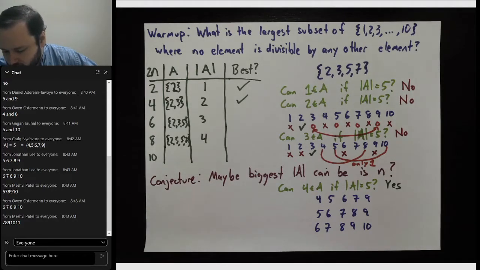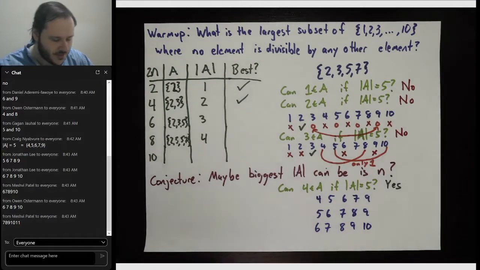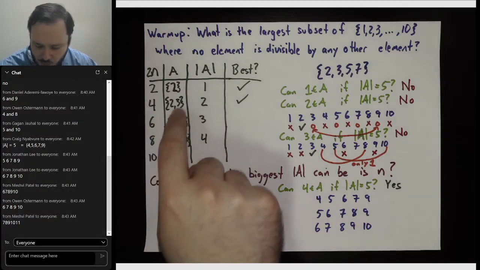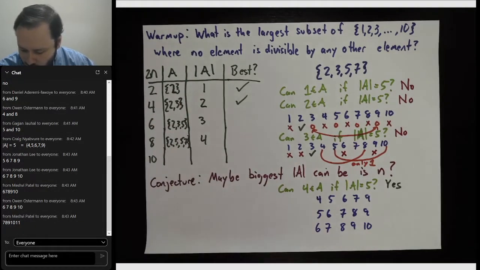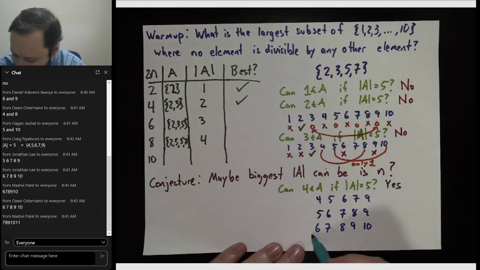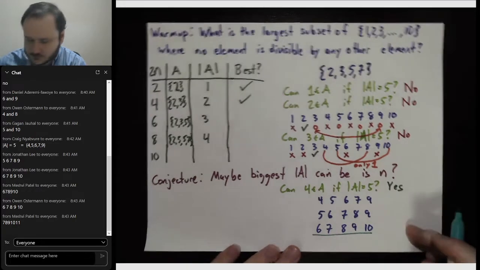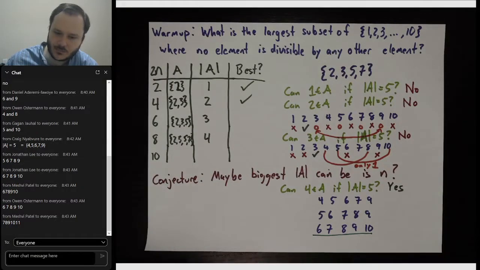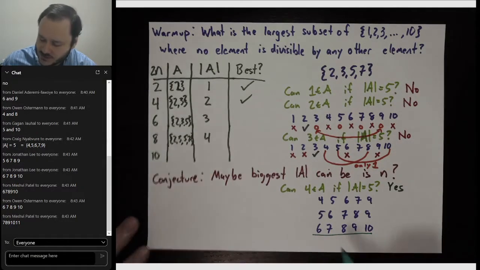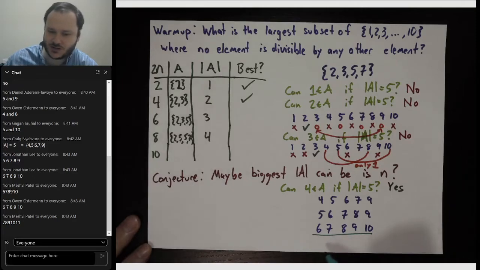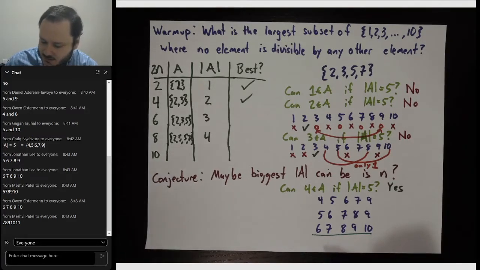And in the interest of time, I'm going to make another observation. Just like all the primes work, I claim there's something special about this 6, 7, 8, 9, 10. What's the general version of 6, 7, 8, 9, 10?